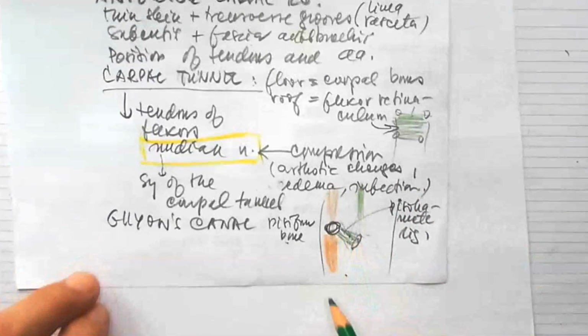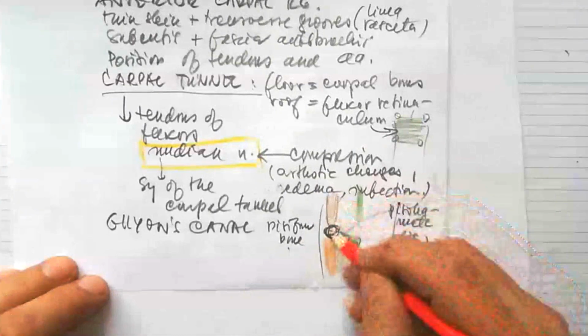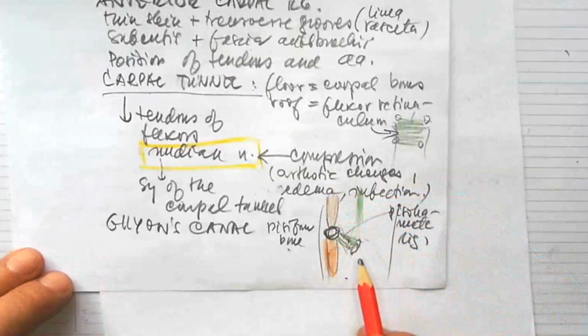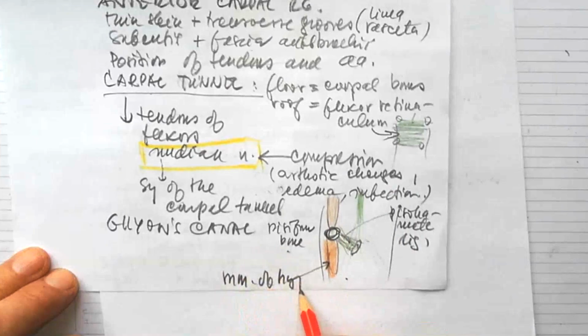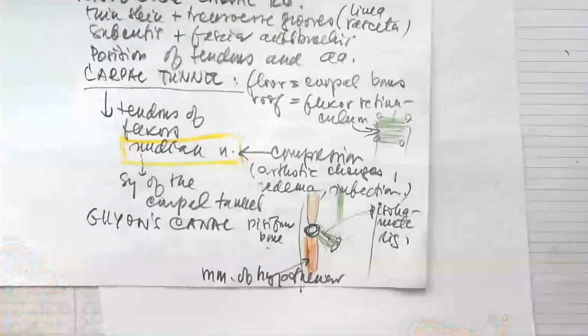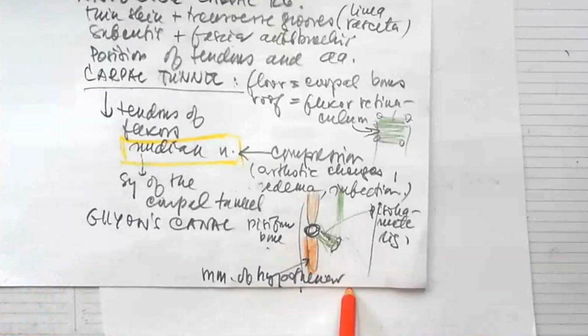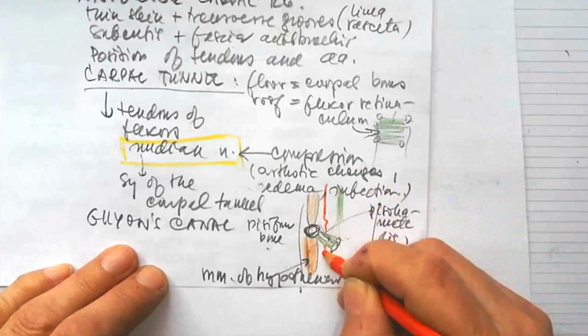But here we have the ligament. Important for us is not a detailed description, but we can say just muscles of hypothenar, because this is sufficient for us.